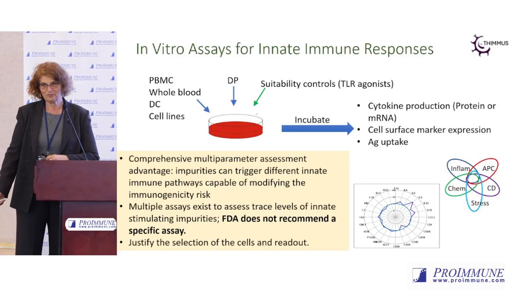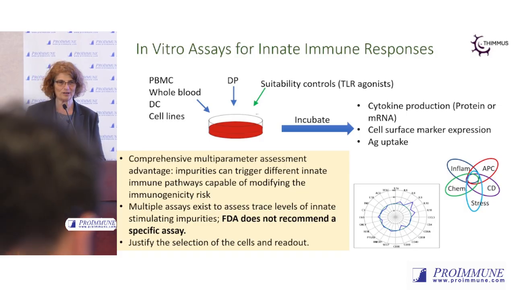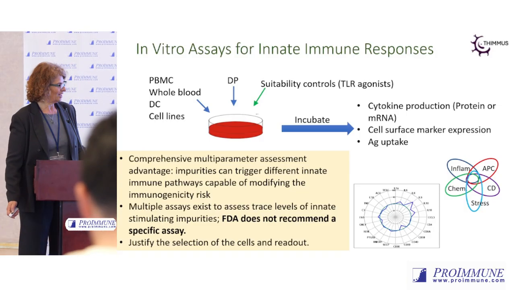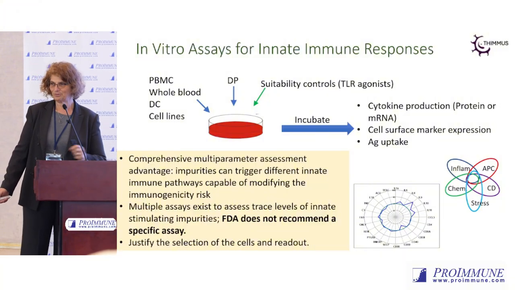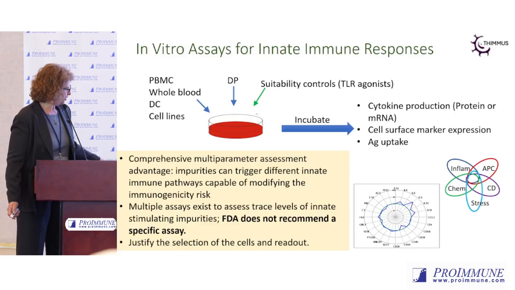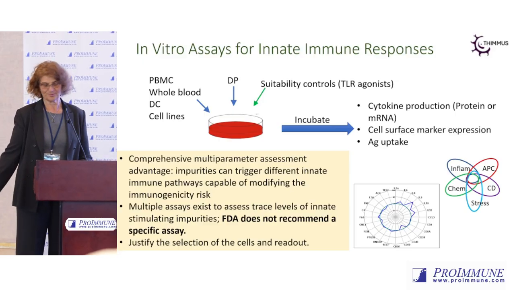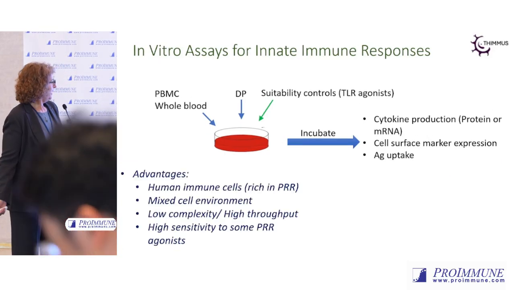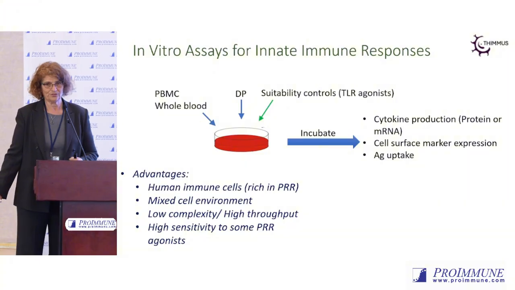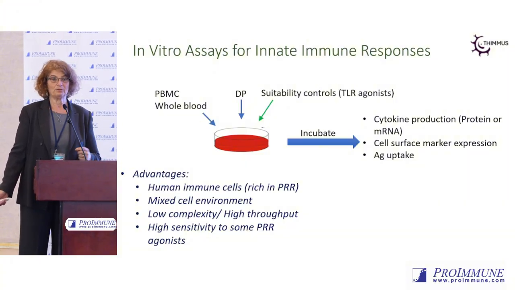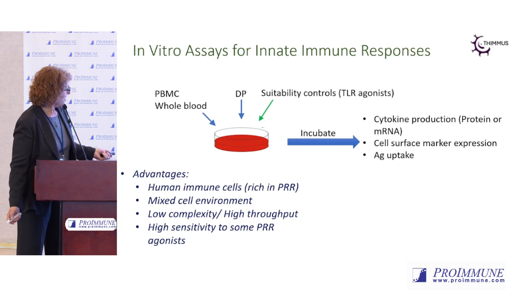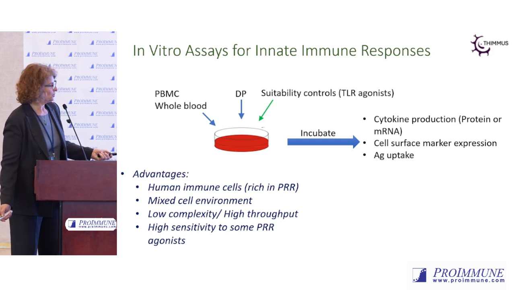Now, I want to clarify for those of you who might want to go to the FDA at any point that the FDA does not recommend any one method. You can use the method you like, but you have to justify your selection. Now, all of these methods have important advantages over animal-based methods, and that is that they use human immune cells, right?